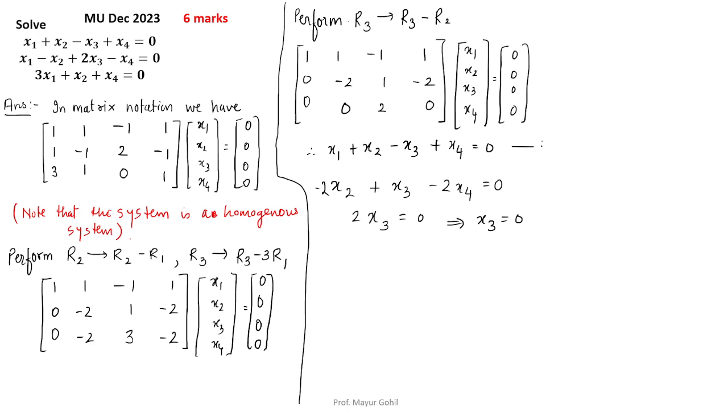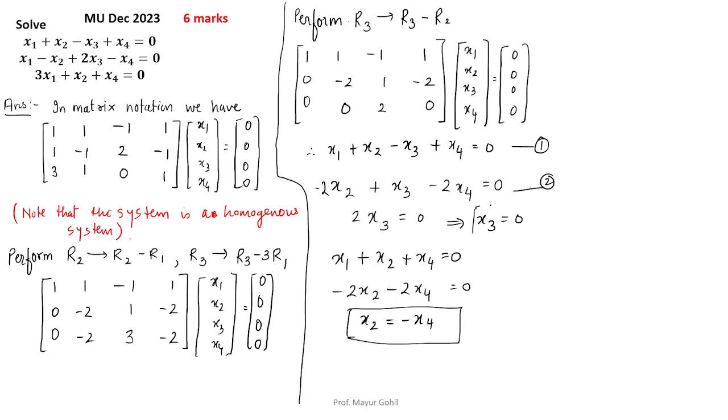We substitute here in these two equations, and we get x1 plus x2 plus x4 equal to 0, and in the second one we get minus 2x2 minus 2x4 equal to 0. So on simplification we get that x2 is going to be equal to minus x4. Again we substitute this expression in the above expression.